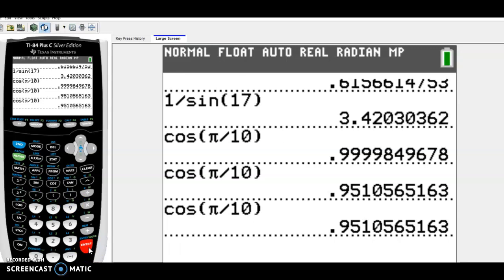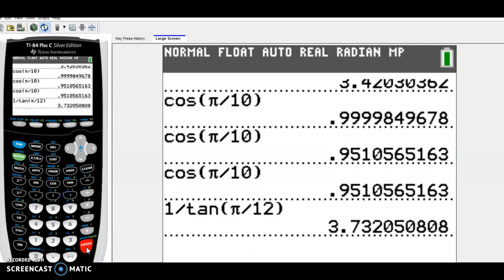0.9511 to 4 decimal points. So they were similar, but obviously not the same, and they're not always going to be quite so similar if you make that mistake. So something like 47, where we had the cotangent of pi over 12. This again, cotangent is the reciprocal of tangent, and so 1 over the tangent of pi over 12.